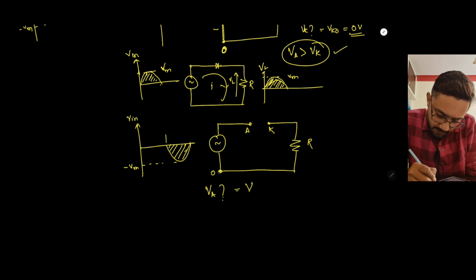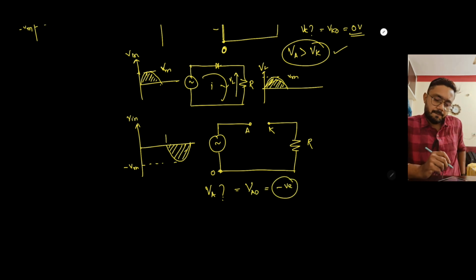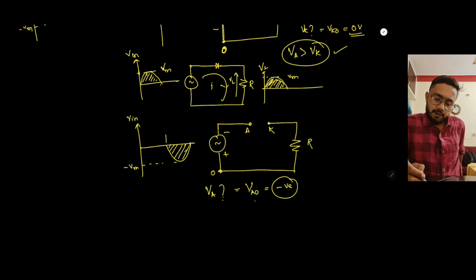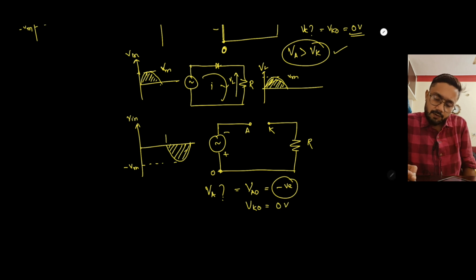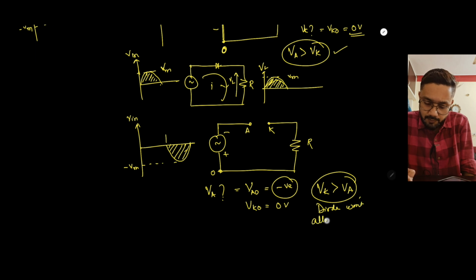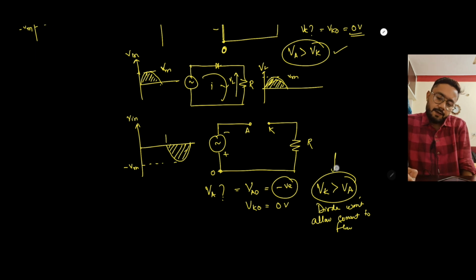VA is VAO, and it will be negative. This is now like this, with the negative cycle. So VAO is negative, and again VKO is 0 volt. So here VK is greater than VA, so that won't allow current to flow, and it is a reverse biased condition.